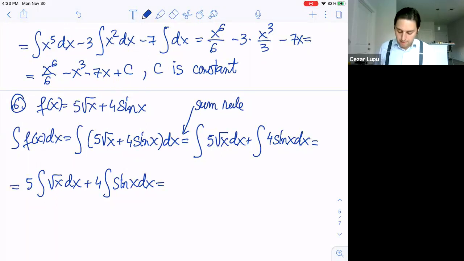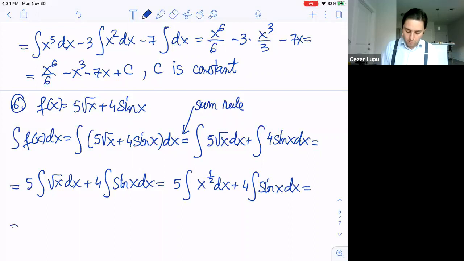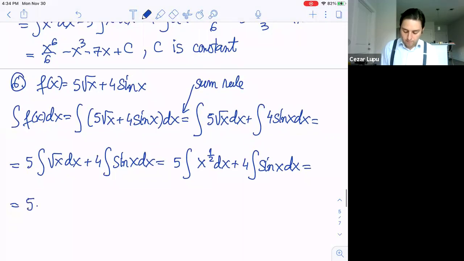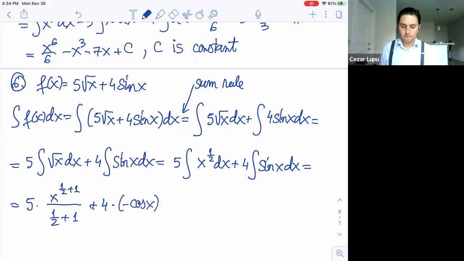So you see, we can write this in the following way: 5 times the integral of x to the power 1/2 dx plus 4 times the integral of sine of x dx, which will be equal to 5 times x to the power 1/2 plus 1 over 1/2 plus 1, plus 4 times negative cosine of x, plus c.